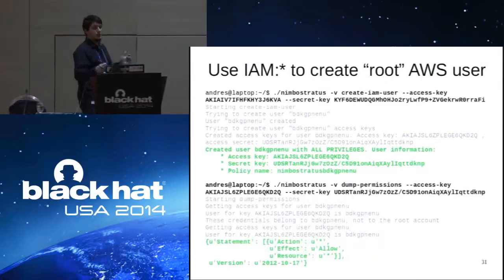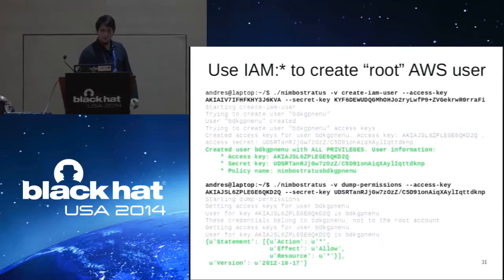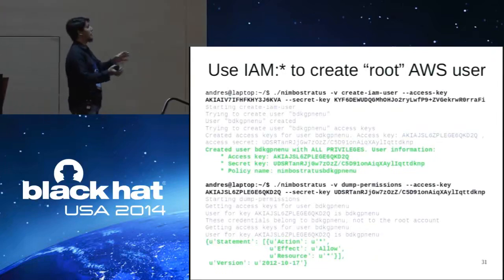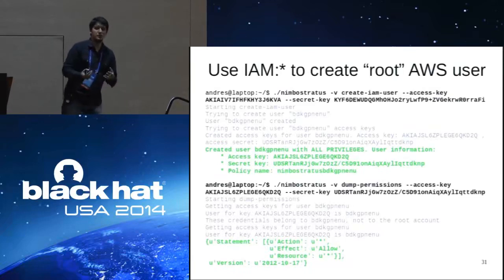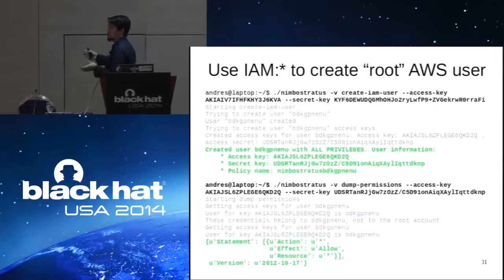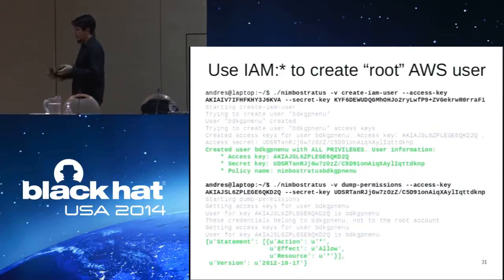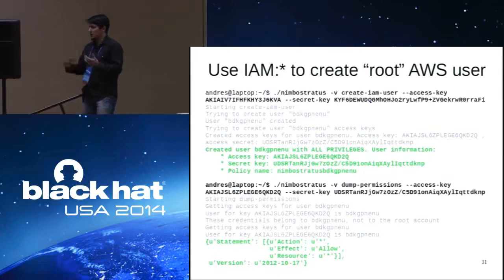So we wrote a small script that does that. Create IAM user. If you provide the right credentials, it will be able to do it. And it will create a random user with a random name with all the privileges. That means that new user will be able to send any request to any of the Amazon APIs, and it will succeed.